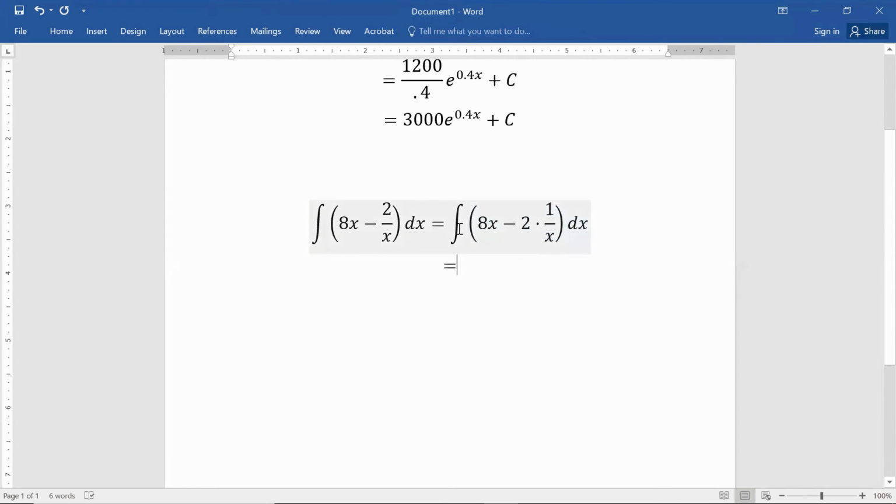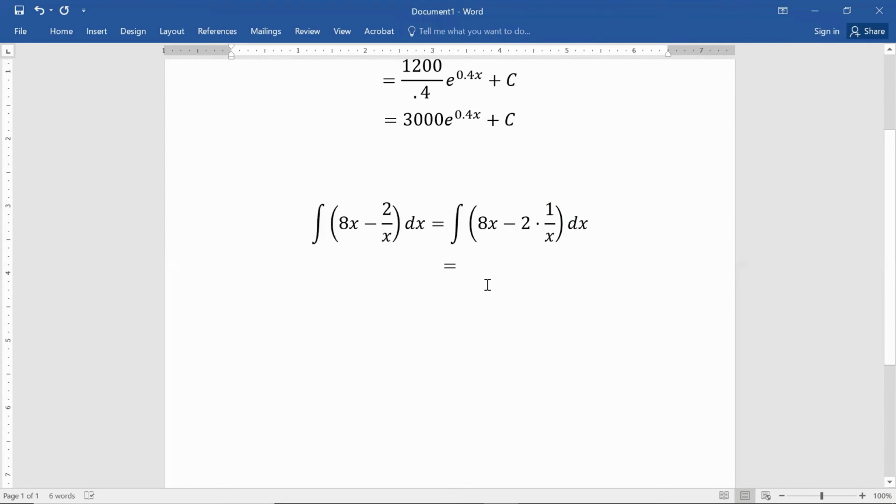Normally, I don't write this step. Once we've done a few, then this step will not be written out. But I want to write this at least for right now so that you see that if I have a constant number up top, I can always bring that out front.